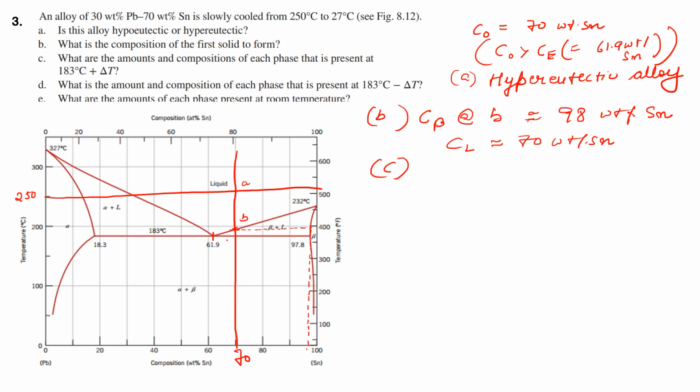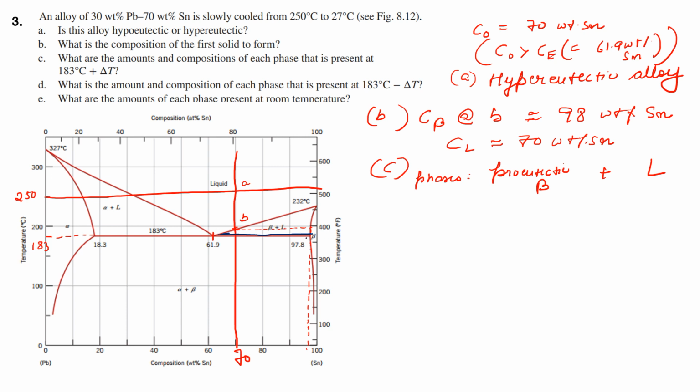Anyways, the third question is: what are the composition and amount of phases present just infinitesimally above 180 degrees centigrade? So 183 is the eutectic temperature of this system. Just above the eutectic temperature, we have solid pro-eutectic beta and liquid, and the composition of this pro-eutectic beta can be given by the intersection, this one.